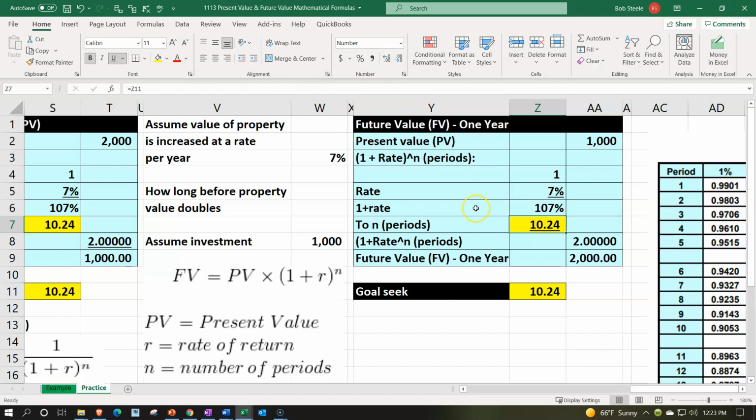Now, these skills that we have setting up tables may not be as useful for test-taking, where they're just going to give you a piece of paper and a pencil. But in practice, hopefully you can see how these skills would have value.